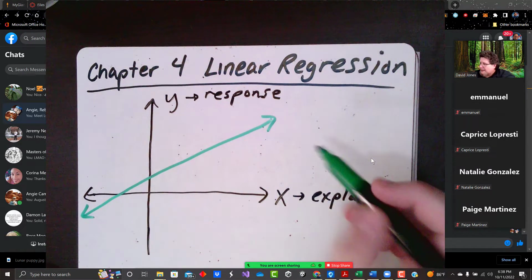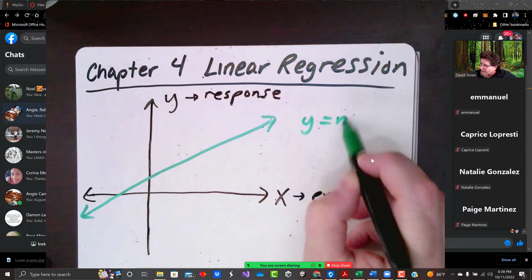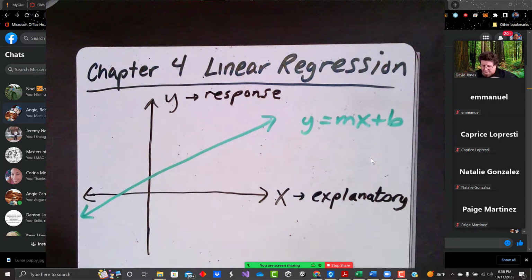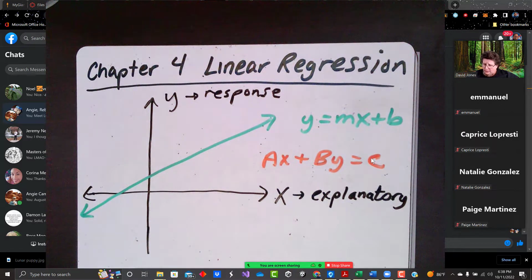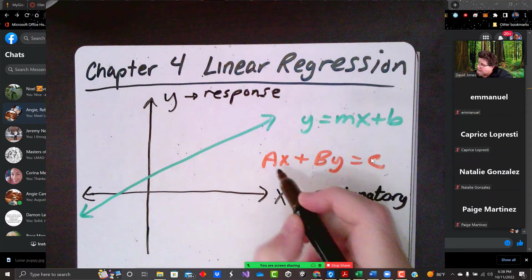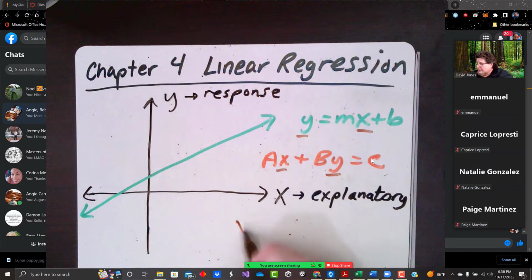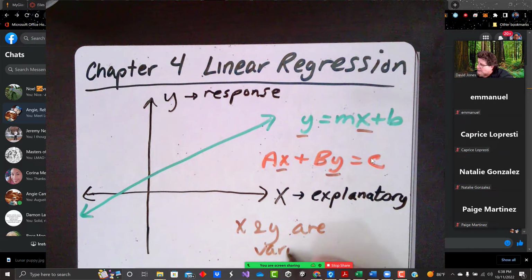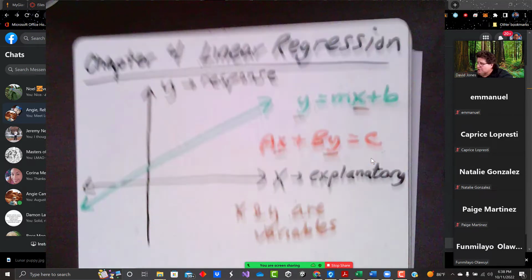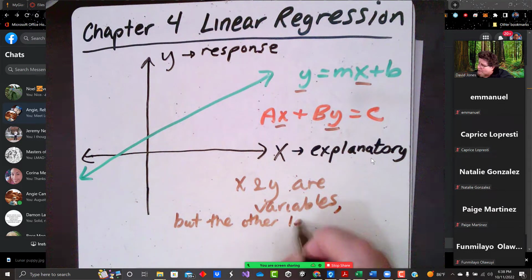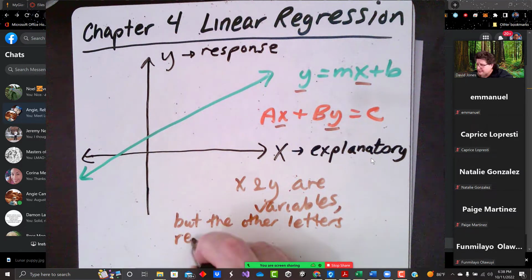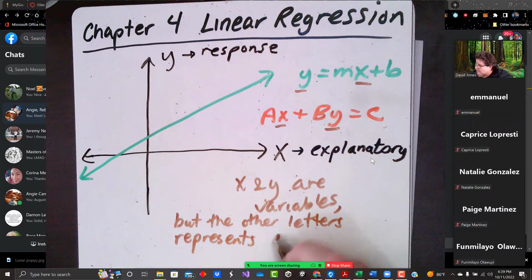And this line can tend to be written in a couple ways. y equals mx plus b is a common way, and then another way is ax plus by equals c, where in both of these, the x and y are variables that change, but the other letters represent constants, or fixed numbers.